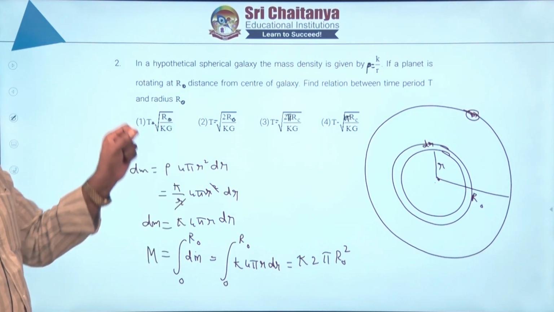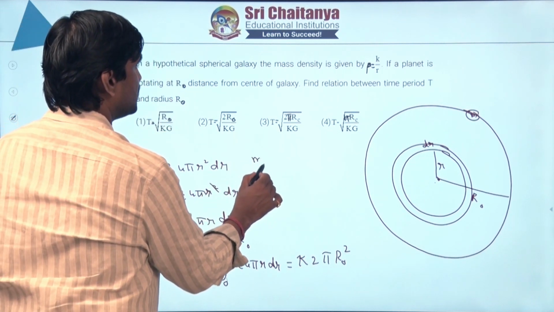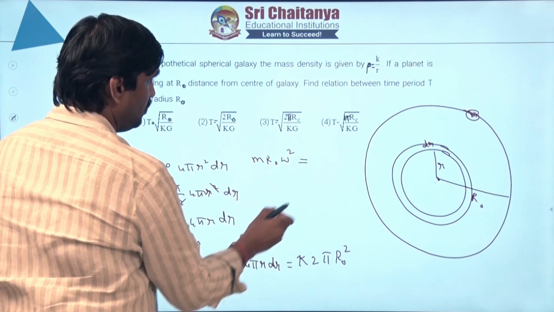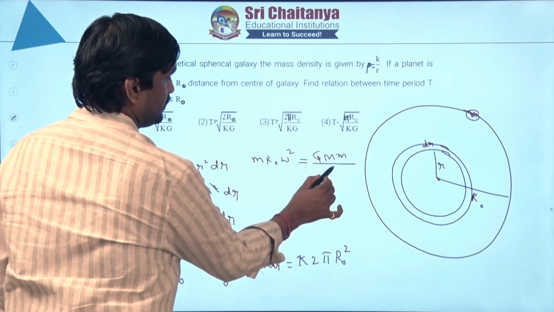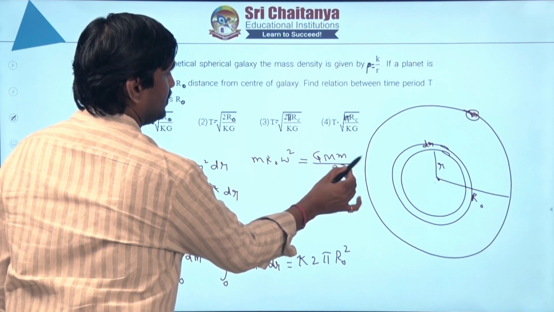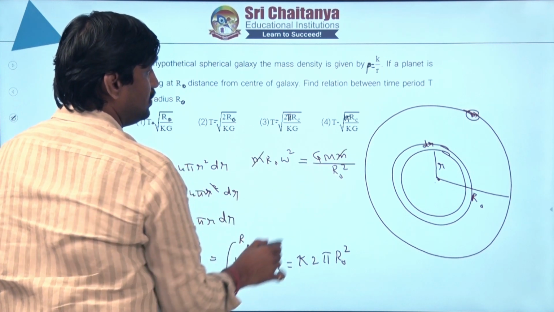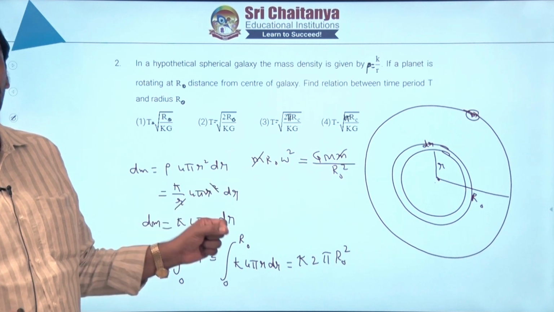Now the centripetal force acting on that planet, m r omega square, is equal to G M m by r0 square. Now m gets cancelled. That means the time period is independent of the mass of that planet.